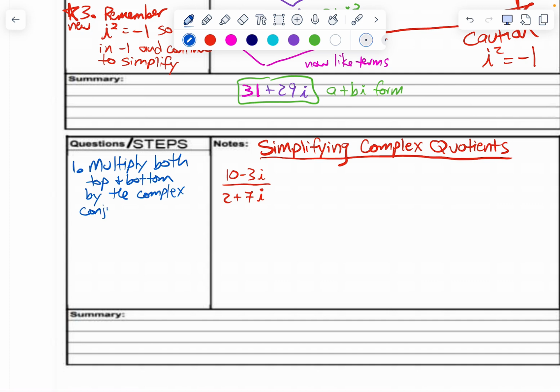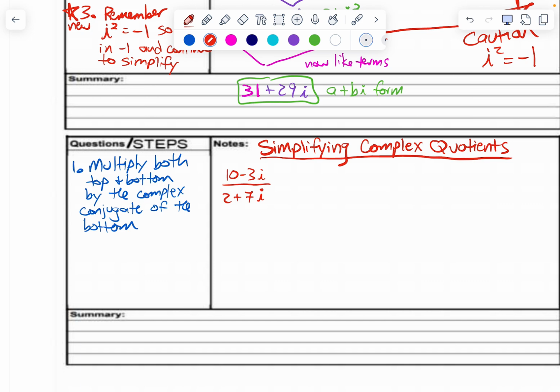And we'll write what that means. Of the bottom. And the reason why we're doing the bottom is because then we can write this in a plus bi form with something underneath. It'll have a little fraction, but it still will be a plus bi form.